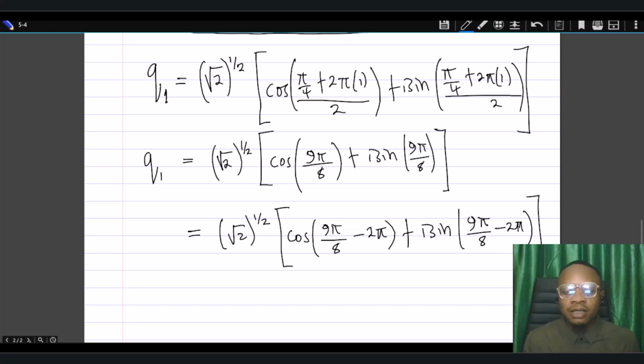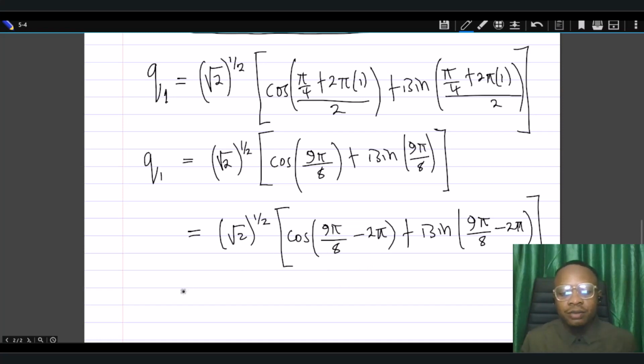Because that's what will make it get back into our range. In this case, it falls above pi, and so if I subtract 2 pi, I know I'm going to get it within the range I'm interested in. If it fell below minus pi, for instance, then we would add 2 pi so that it gets back into the range.